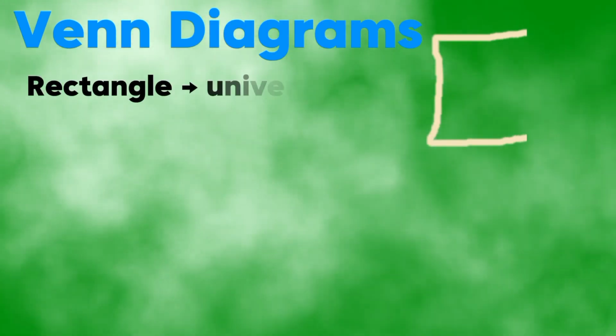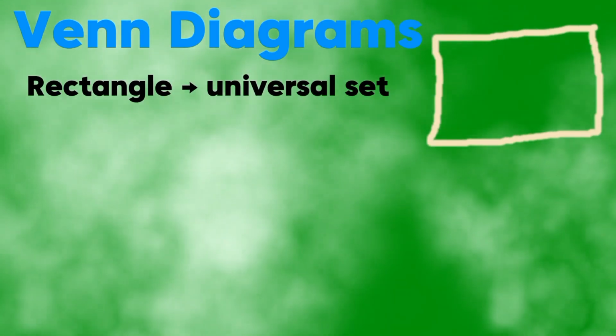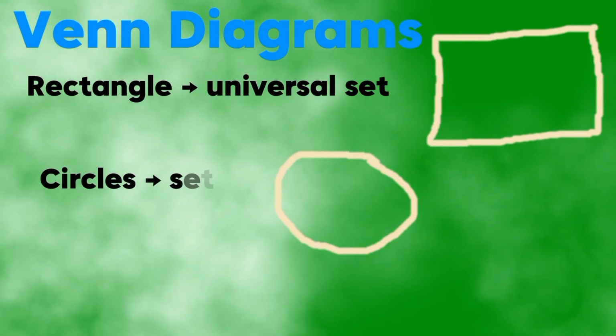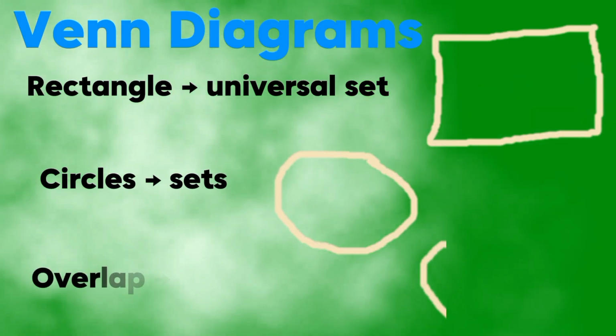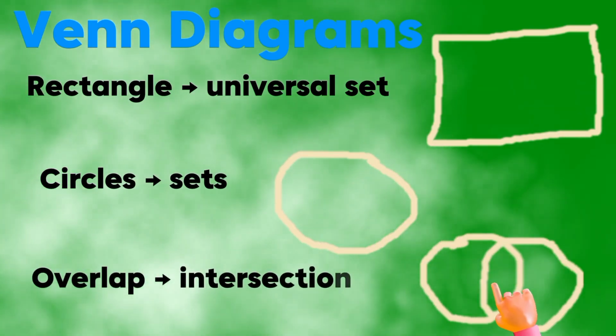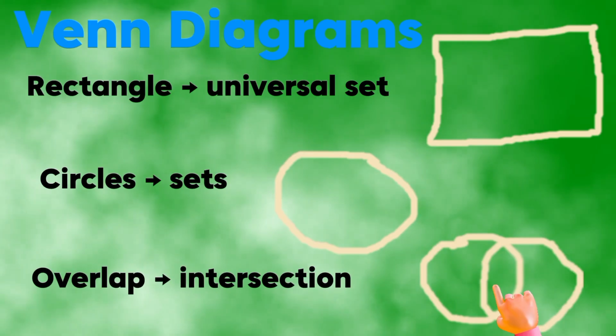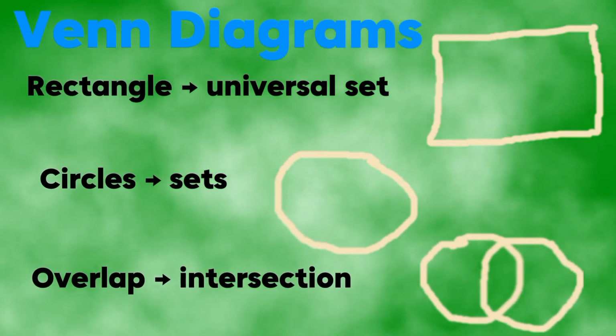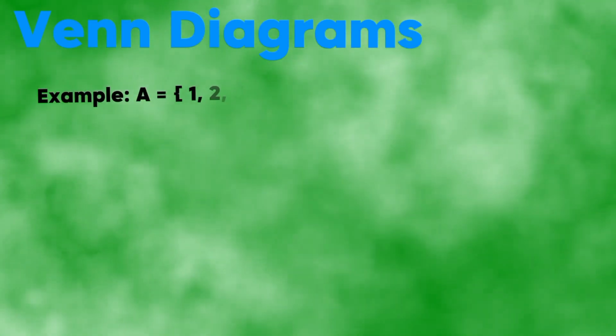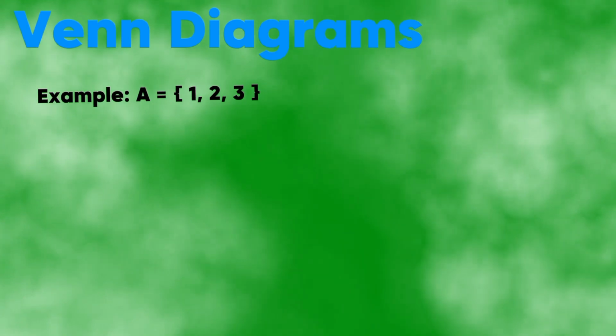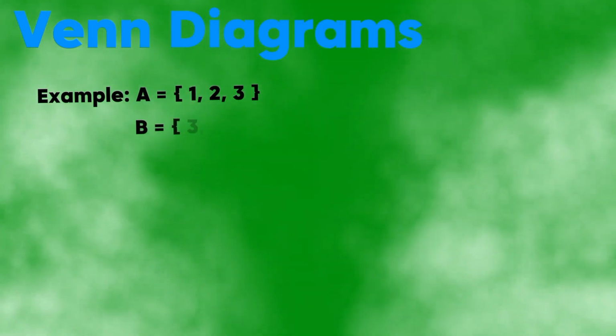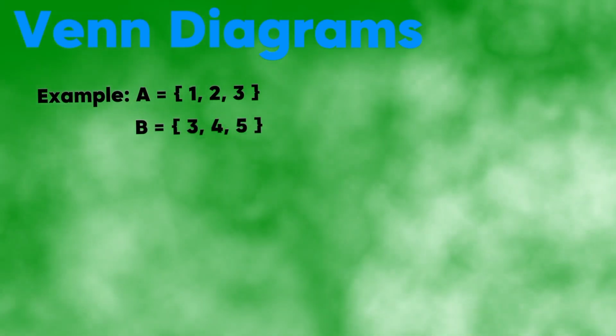Venn diagrams. Now let's visualize everything using Venn diagrams. The rectangle is the universal set. Circles are sets. The overlap is the intersection. Example: A equals {1, 2, 3}. B equals {3, 4, 5}.